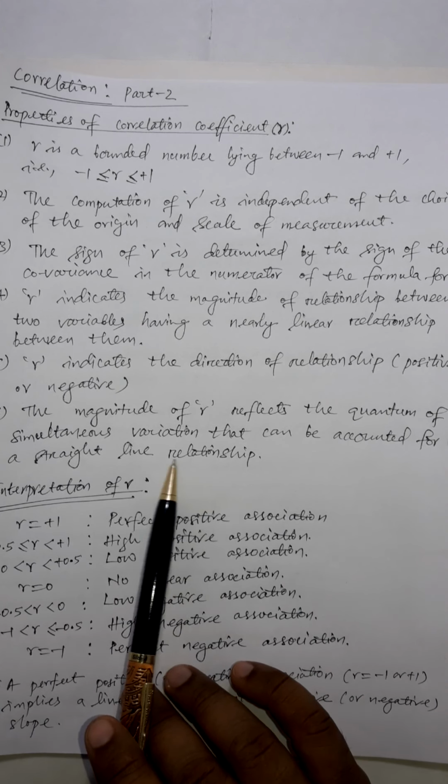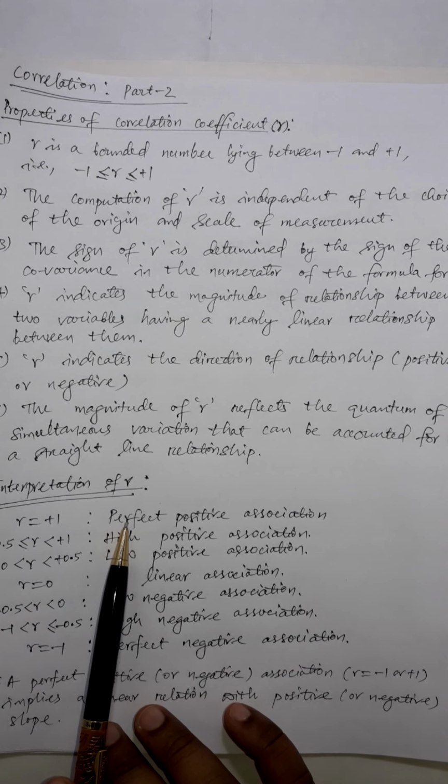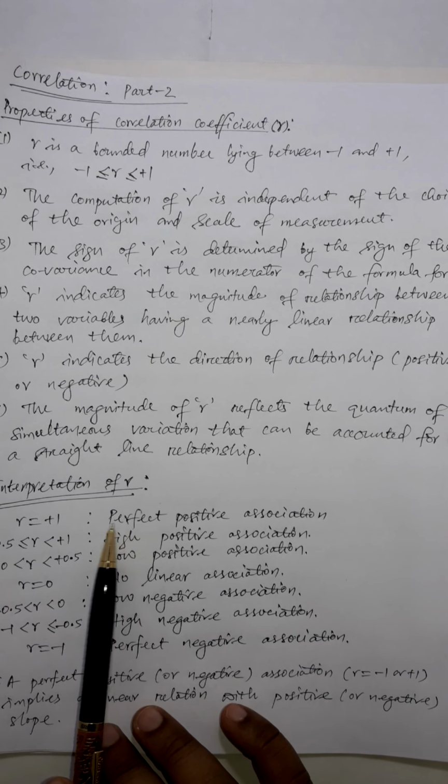Now come to the interpretation of the coefficient of correlation. Here we are going to discuss the different values of the coefficient of correlation, which are between -1 and +1, what they actually represent and which type of structure or relationship they represent by their numbers. If the coefficient of correlation R has the value +1, the highest, then it represents a perfect positive association.